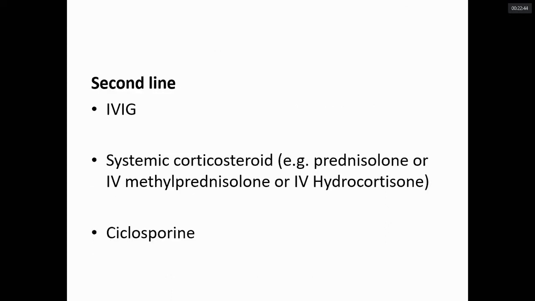And for the definitive treatment, second line treatment, there are 3 modalities: IVIG, systemic corticosteroid, or cyclosporine. Mostly IVIG and cyclosporine we do not use. We mainly give systemic corticosteroid. Either we give oral prednisolone or IV methylprednisolone or hydrocortisone. But in most cases, as the drug reaction is severe, we prefer to give IV hydrocortisone.